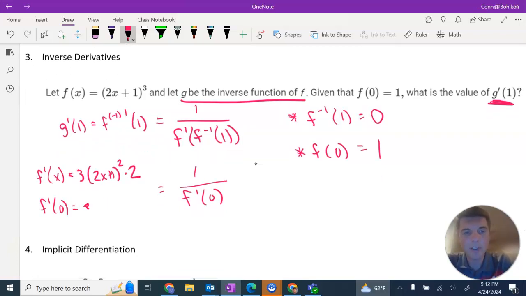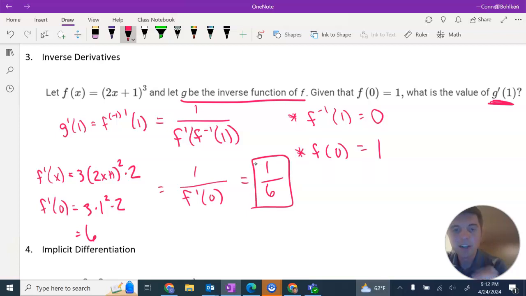Plug in 0 for x, so 3 times 1 squared times 2, that's just 6. So 1 over f prime of 0 is 1 over 6, and that's my final answer. That's my inverse derivative using the formula that we learned months and months ago.